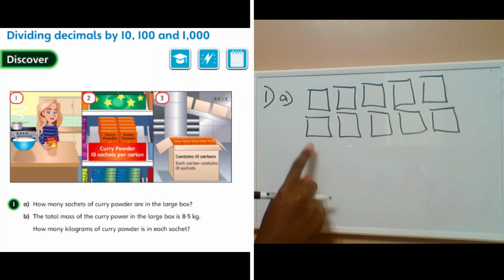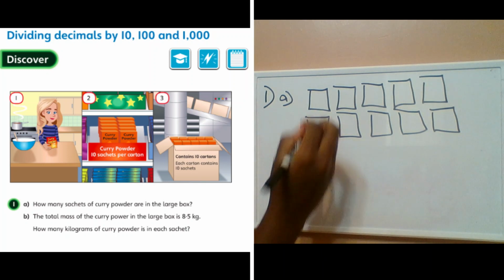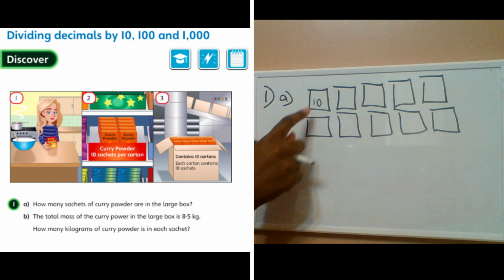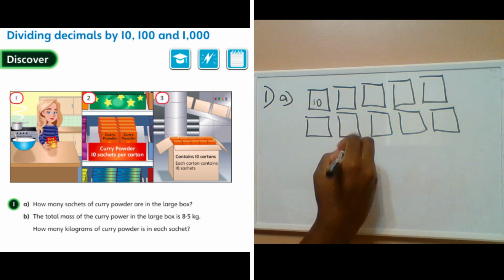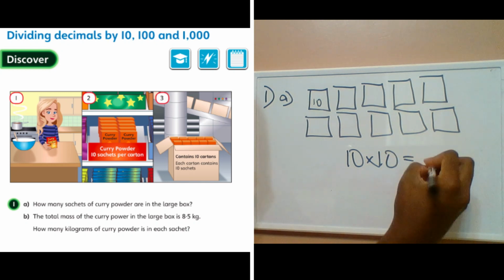So it tells me that there's 10 small cartons inside the box. And I know each of these cartons contains 10 sachets. So if it wants to know how many sachets there are in the large box, all I have to do is count 10 times. So all I'm doing is solving 10 times 10. And that equals 100.